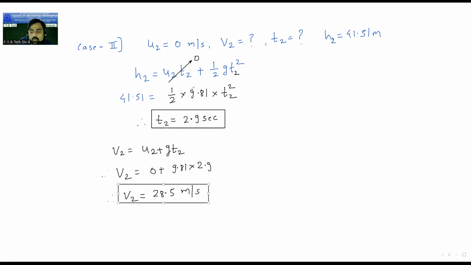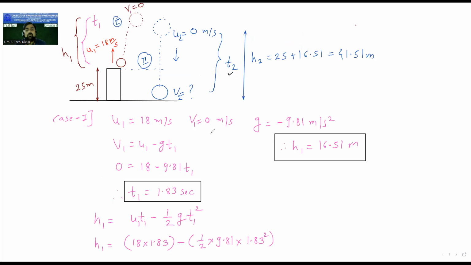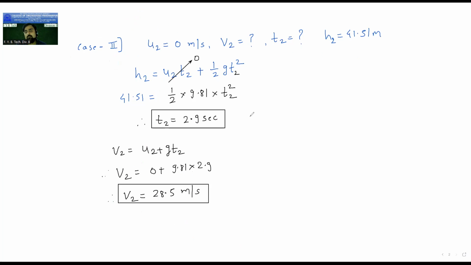Now, what is the total time required for the journey? Final question. What is the total time? Total time म्हणजे ह्याला रिलीज केल्यापासून ते ग्राउंड वरती येईपर्यंत किती टोटल टाइम लागलाय? इथून इथपर्यंत जायला किती टाइम लागला? T1. इथून खाली यायला किती टाइम लागला? T2. So your total time will be T1 plus T2.